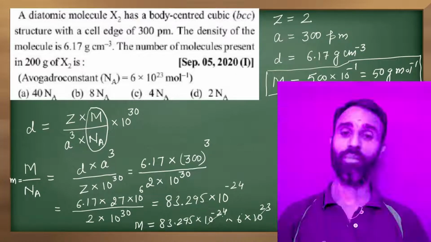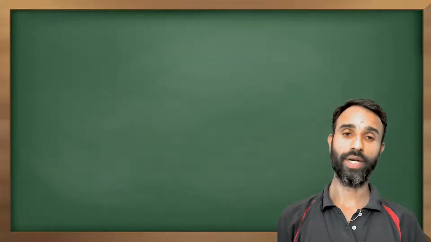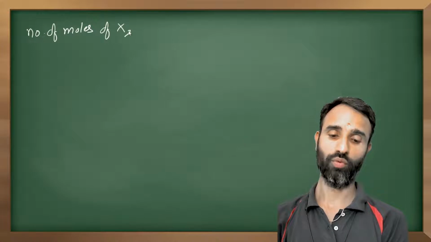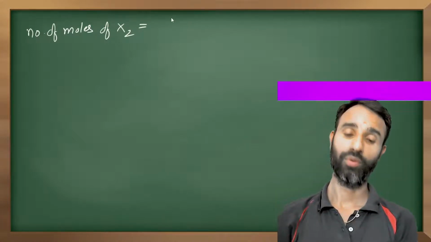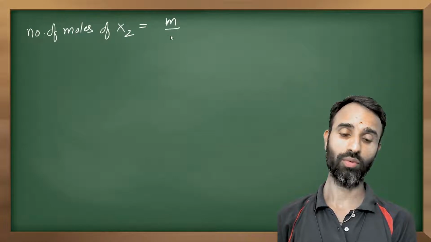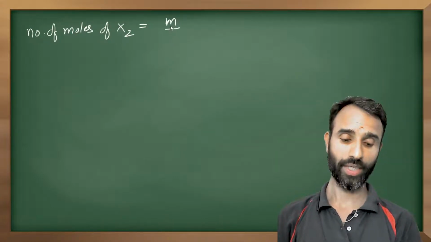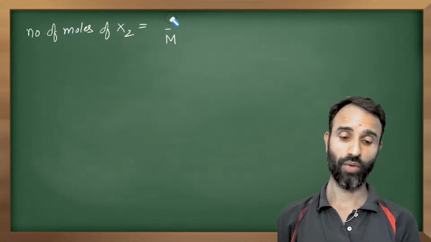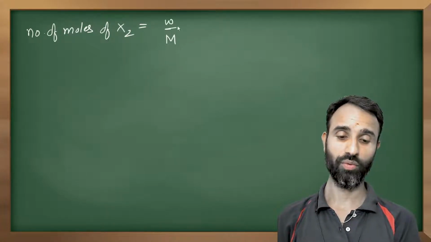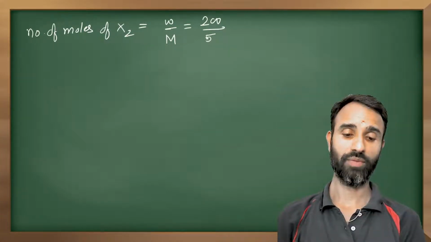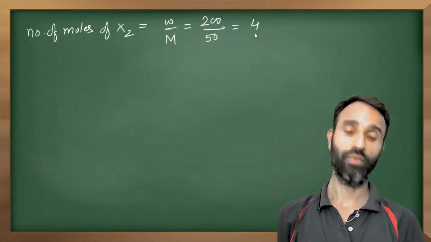And what is the total mass? It is 200. So number of moles of X2 equals mass over molecular weight. Weight of X2 is given as 200, and molar mass is 50. So it comes out to be 4.